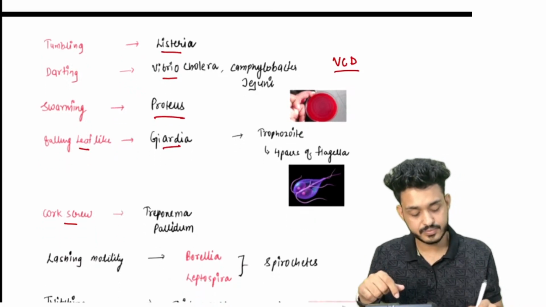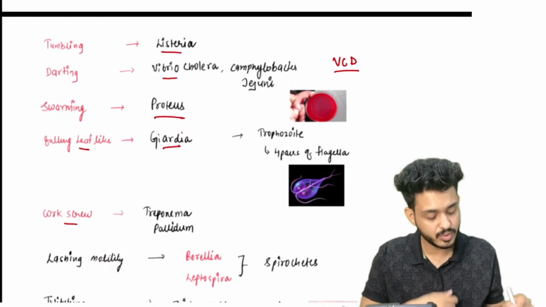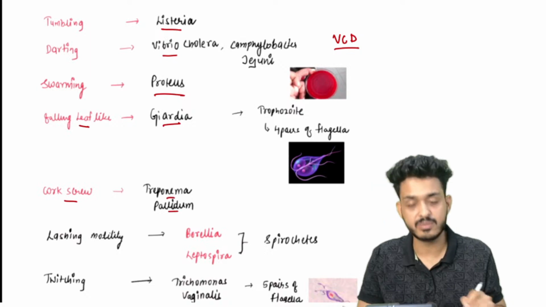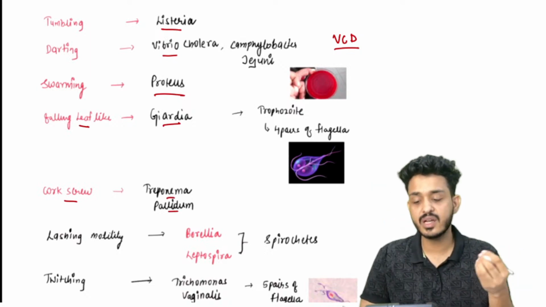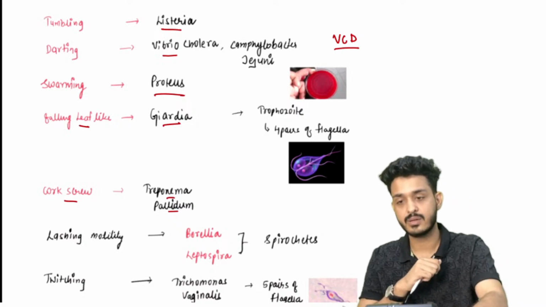Next one is corkscrew motility. Where will we see corkscrew motility? You will be seeing this corkscrew motility in Treponema pallidum.